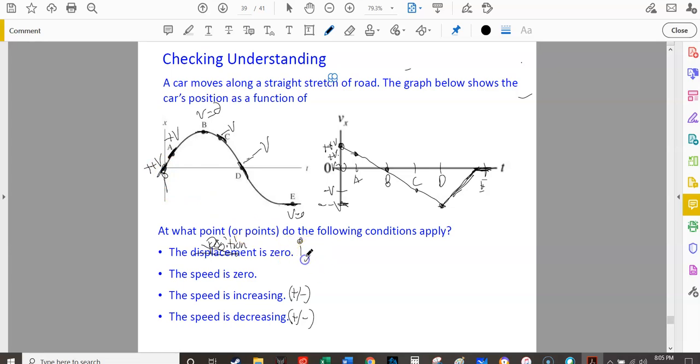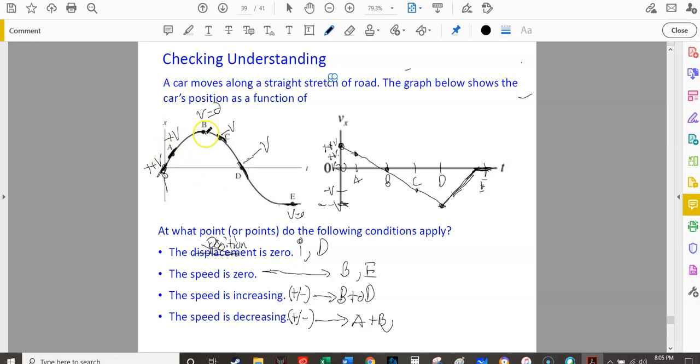And then your position is 0 also at D. But your speed is 0 at B, and then at E. Where it looks like my speed is increasing is from B to D. And where my speed looks like it is decreasing is from A to B, right?